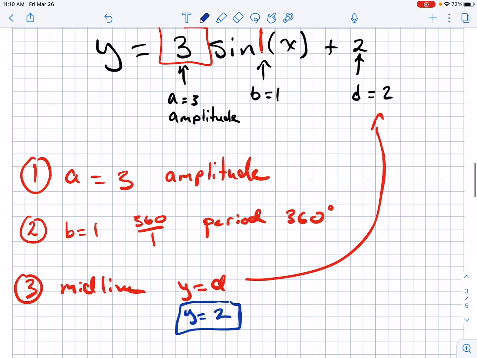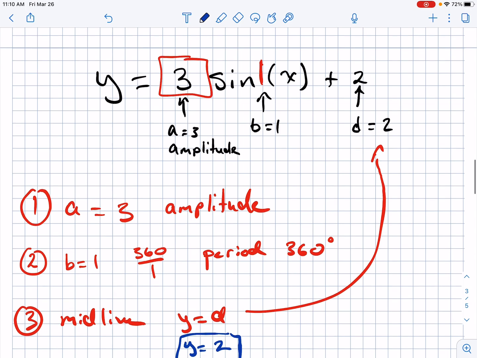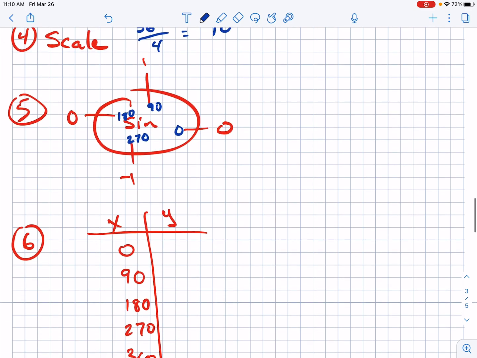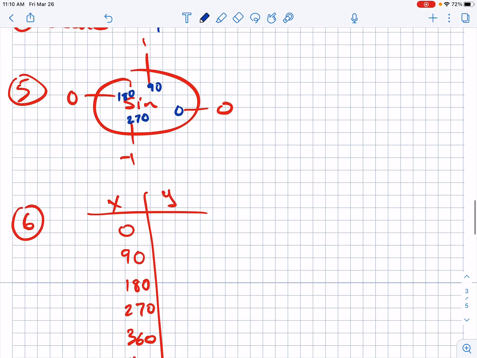Now, because we have a times 3 and a plus 2, I'm going to take each of these values and we're going to times them by 3, and then we're going to add 2. So the values go 0, 1, 0, and I'm taking these right from the circle above here.